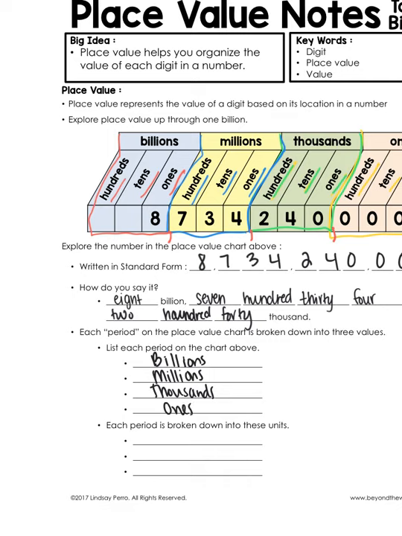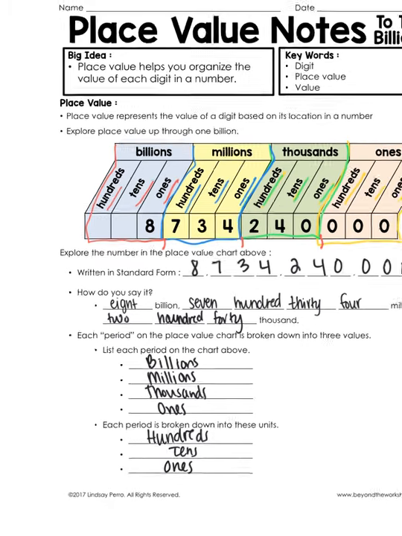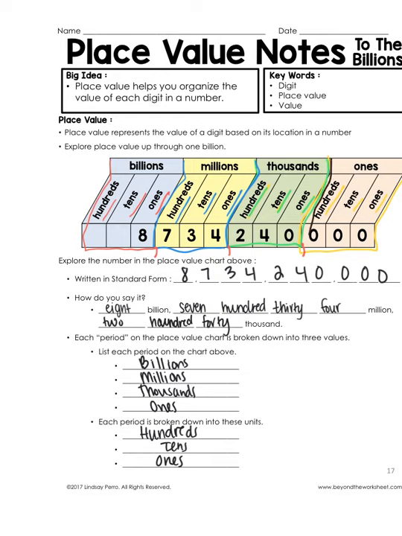Within each of those periods, it's broken down into the units of hundreds, tens, and ones. So we call the big group a period, and then you have the units broken down in that. Okay, all right, so we're going to go to the next page.